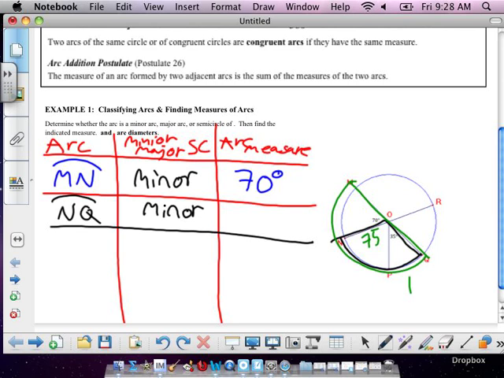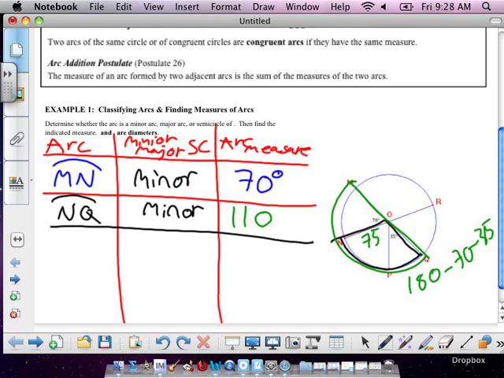I took 180 minus 70 minus 35. But I don't want this one. I want the whole thing. So what am I going to get? 110. And is 110 a minor or major arc? Minor.